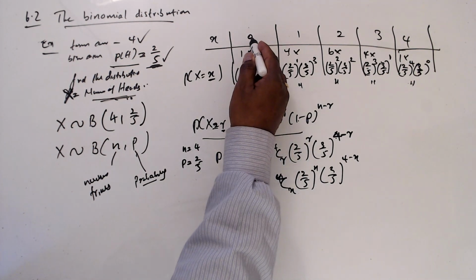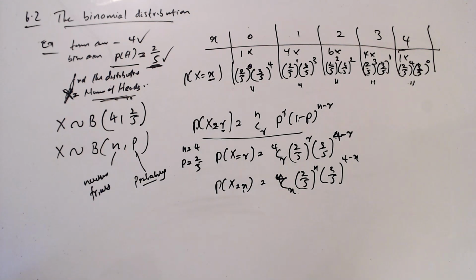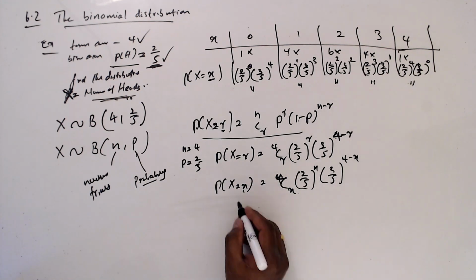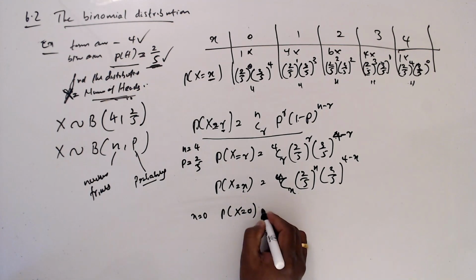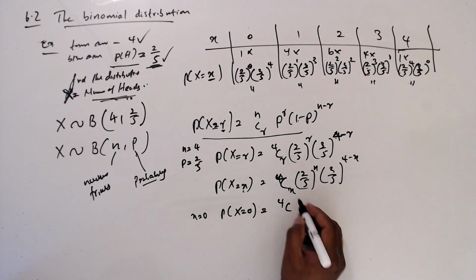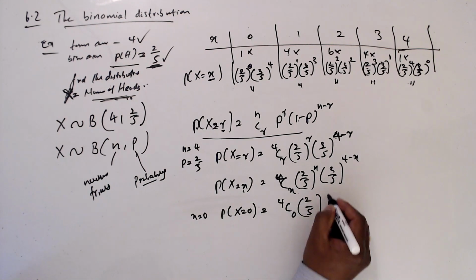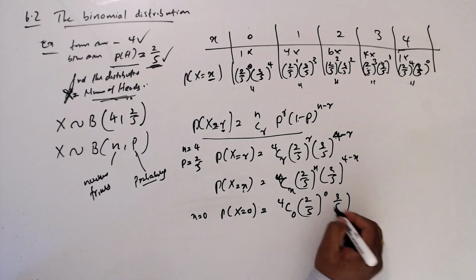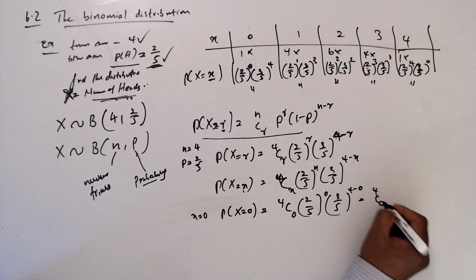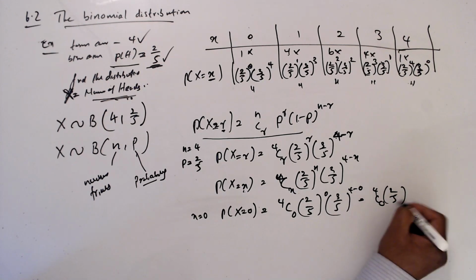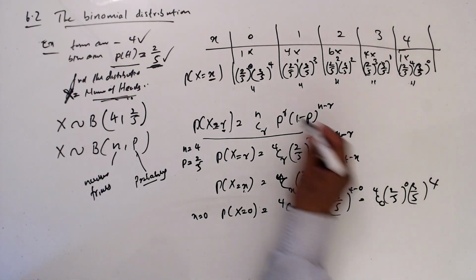If you want to find this probability, you simply put r equals 0, x equals 0. I'll put x equals 0 here. Probability of X equals 0 is 4C0 (2/5)^0 (3/5)^(4 minus 0). So that is 4C0 (2/5)^0 (3/5)^4.